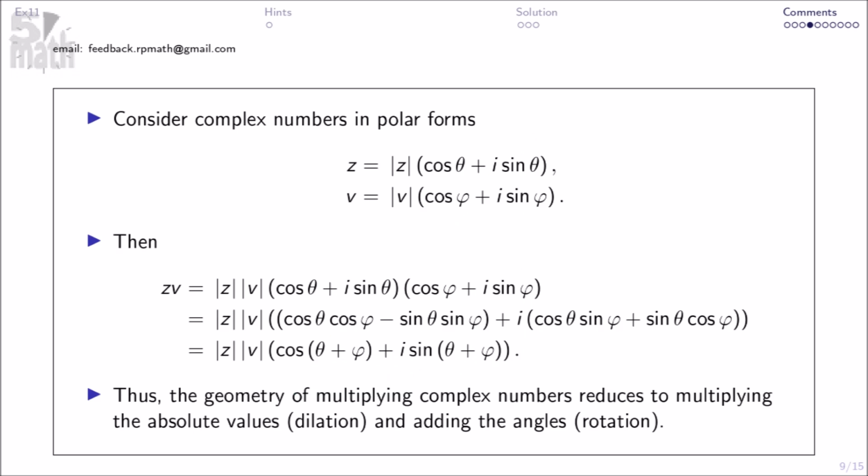Consider complex numbers in polar forms. z equals the absolute value of z times cosine theta plus i sine theta. v equals the absolute value of v times cosine phi plus i sine phi.